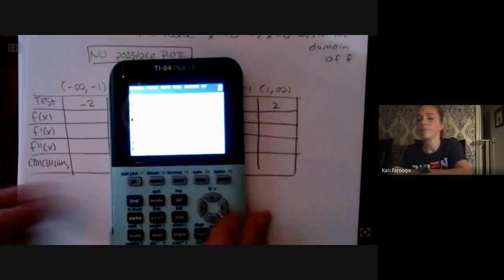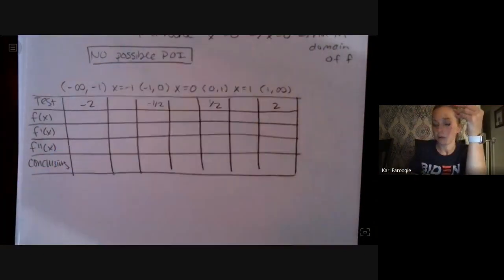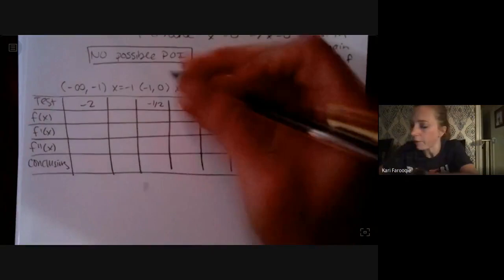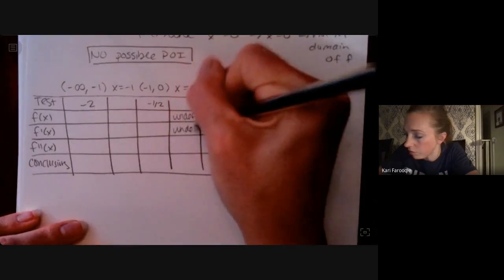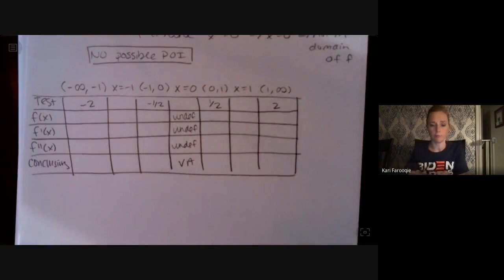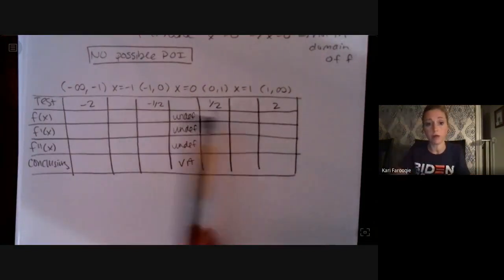All right. I'm going to enter these values for the test points in my table. Now, I'm not going to bother with x equals 0 because I know that the function is going to be undefined there, and I know that all the derivatives are going to be undefined there. We already said it's a vertical asymptote, so that we don't need to worry about. But I am going to enter -1 and +1 because remember that these were supposed to be local extrema.